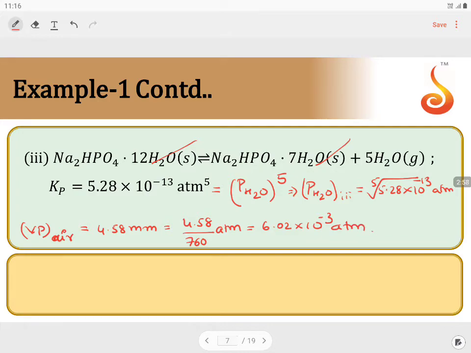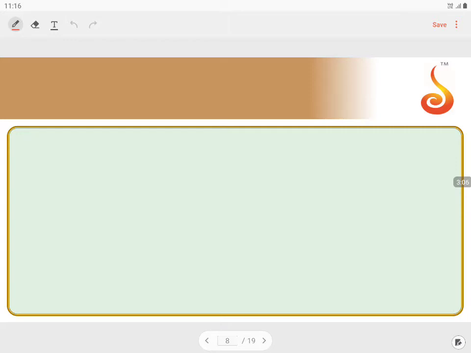So we have the value. We are going to compare all the partial pressures of water vapor with this value of 6.02 into 10 power minus 3.